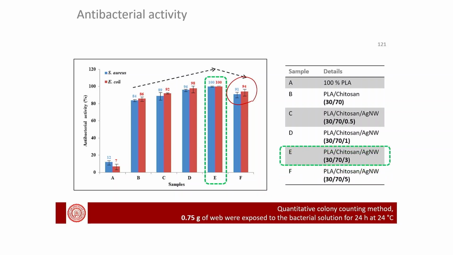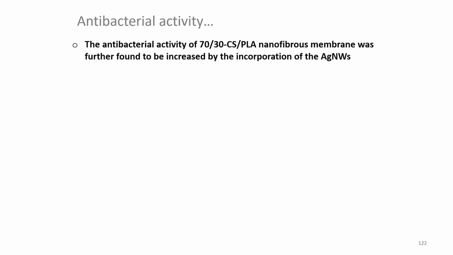So, here the optimum value was 70-30 PLA chitosan, and then we added 3% silver nanowire. That was our optimum value, and with this we have produced our final nanofibrous membrane.